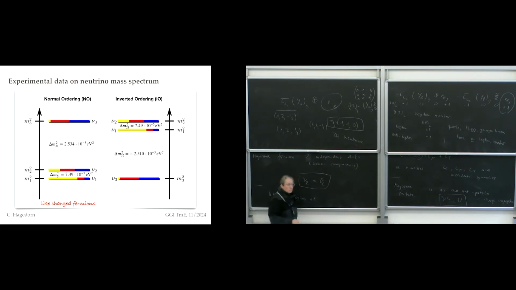Which means antileptons have lepton number minus 1. So in this equation, we would have to write 1 is equal to minus 1. Which means immediately if you have a Majorana fermion, you know that this U(1)_L is broken, definitely. That's not going to be an accidental symmetry. No way. It's not going to work.